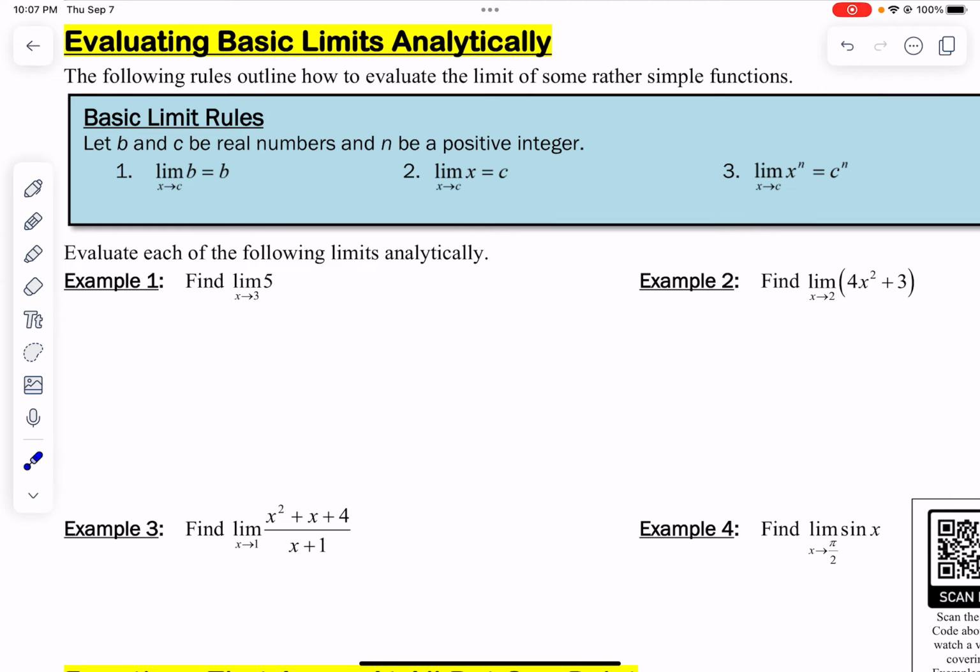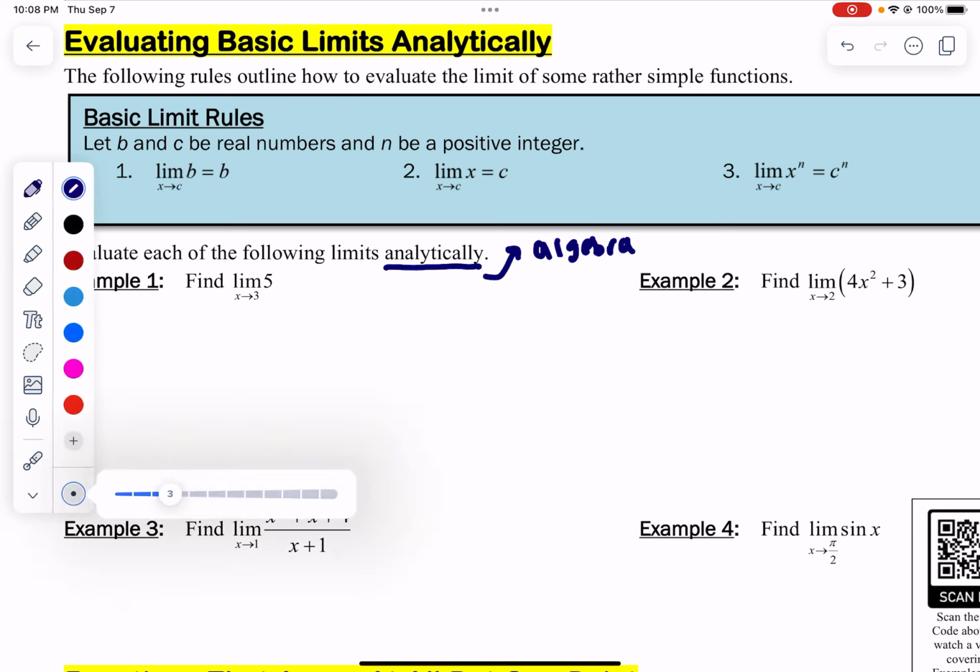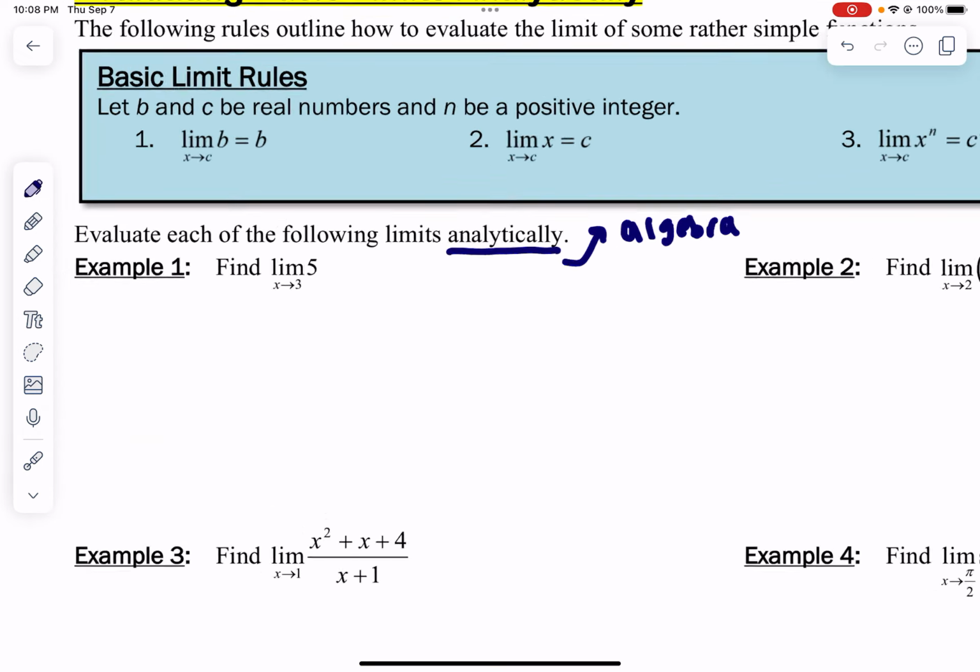For these examples, they tell us to evaluate each of the following limits analytically. And please recall, analytically is just really just telling us to use algebra to help us out. Okay. So let's use our algebraic skills to help us figure out example number 1.